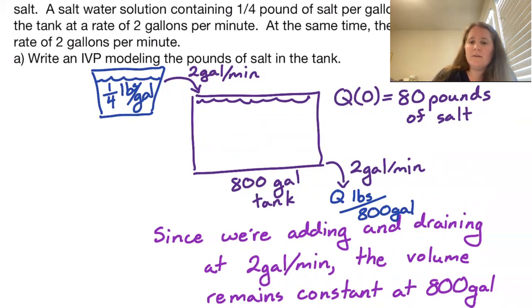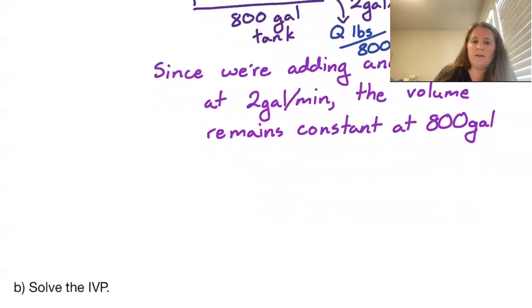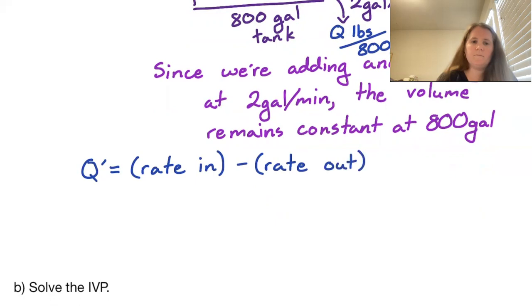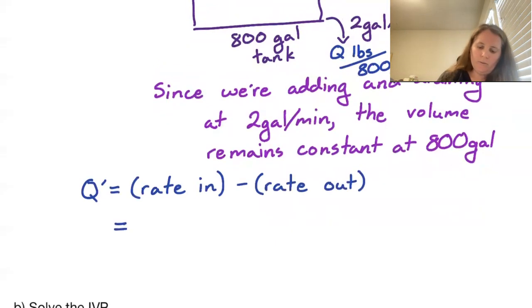So from here, then, we can go ahead and set up our IVP. So we have Q prime is rate in minus rate out. Our rate in, we were looking at 1/4 pound per gallon times 2 gallons per minute.